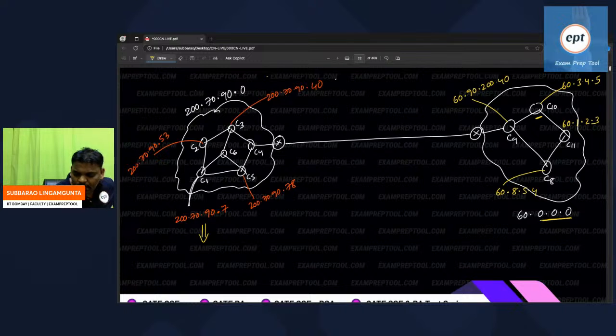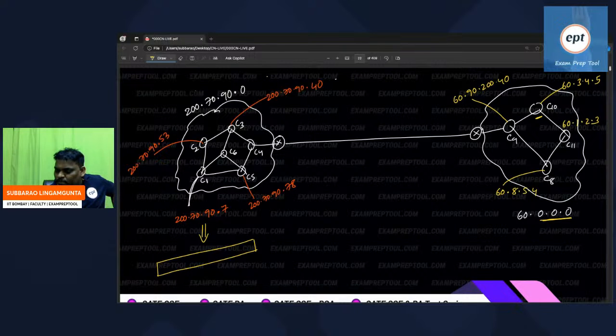Let us assume C1 may be Kumar and C10 may be Kumari. Assume one boy and one girl are communicating.